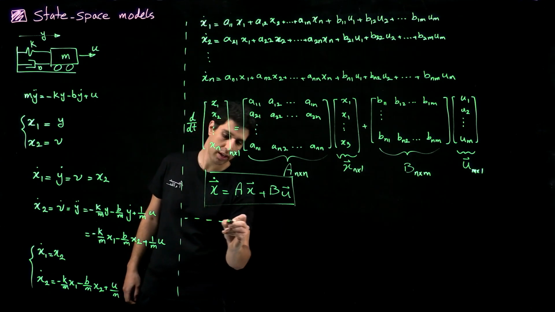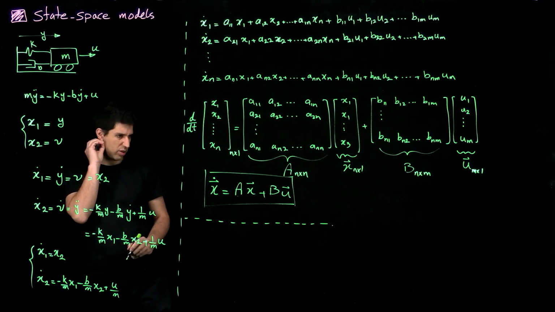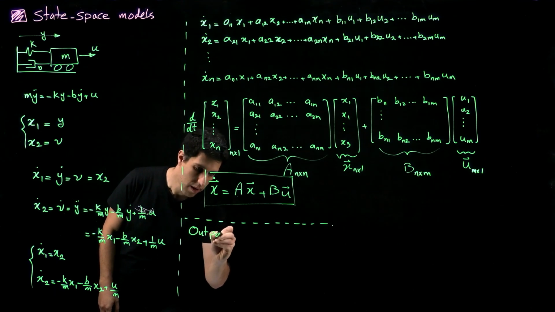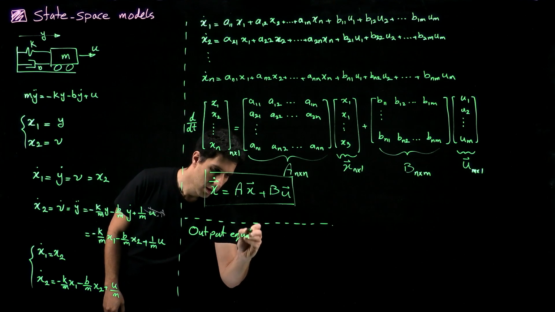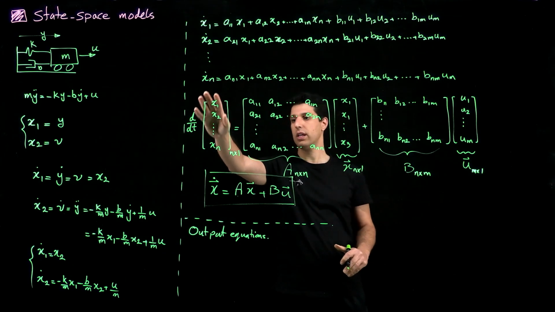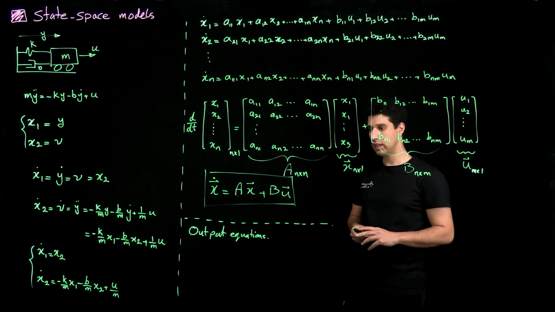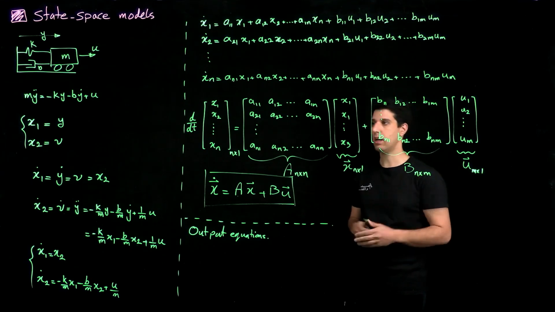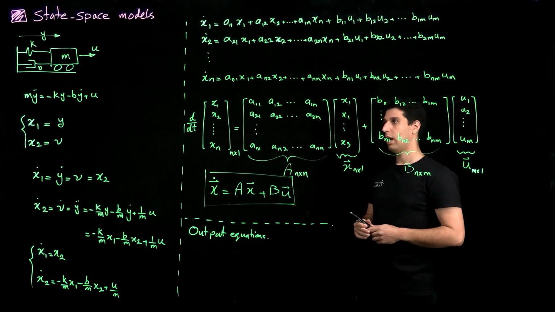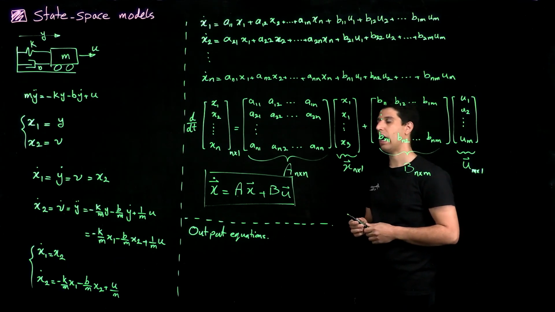There is one other thing that shows up very commonly, called the output equations. So I have a system described by these state variables, x1 through xn. Imagine this is the mass spring damper system, and I'm going to try to measure something out of this system.